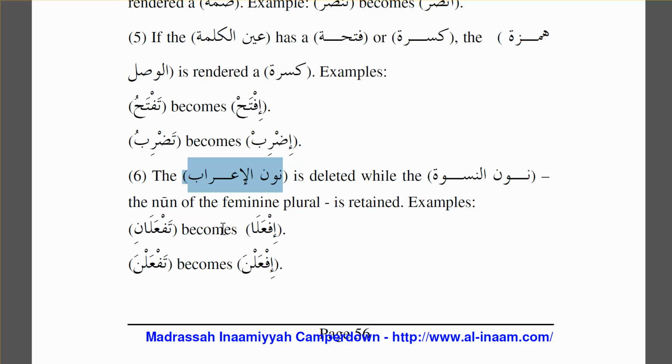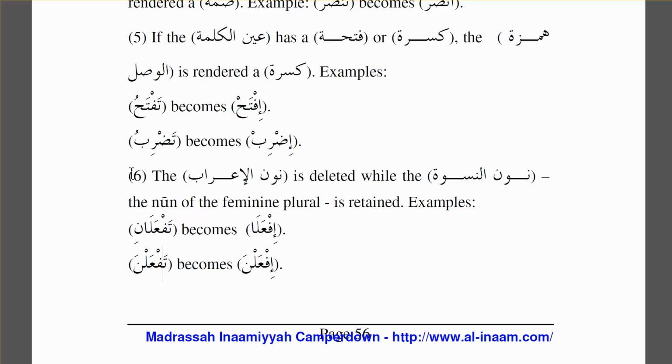Noon al-i'rab is referring to yaf'alani, yaf'aluna, taf'alani, taf'alina, those words. All of those will lose their noon and it will become if'ala. But the noon niswa, the noon for feminine plural, will remain there.